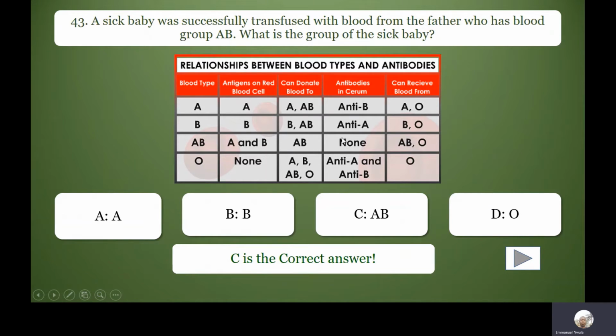But because they don't have any antibodies that will fight the incoming antigens, they can receive from AB. AB are universal recipients.